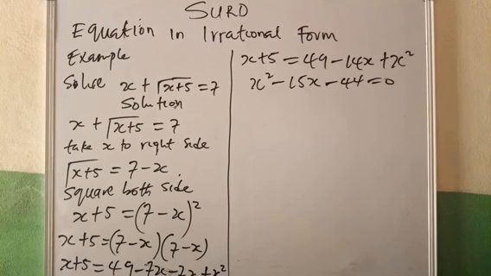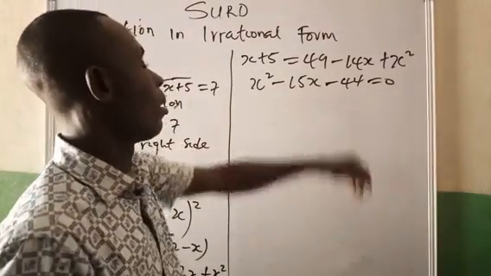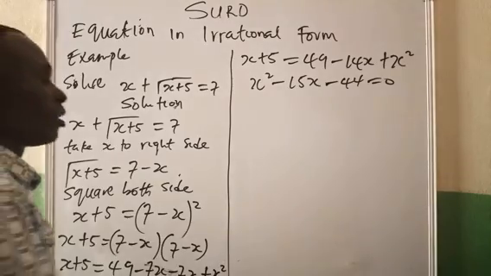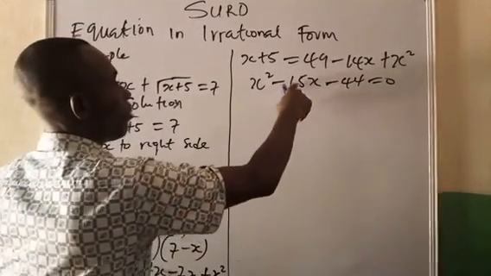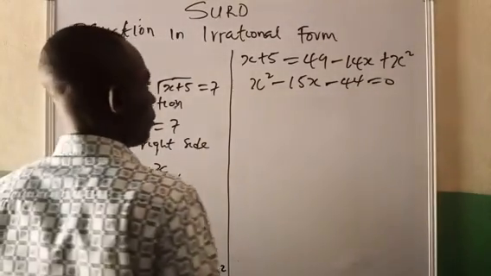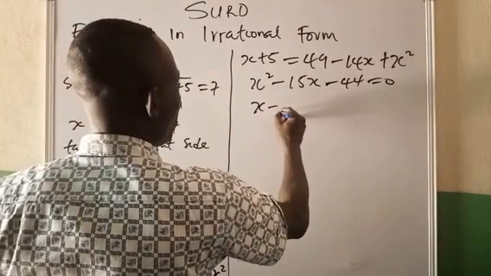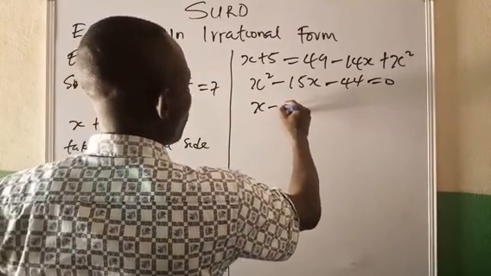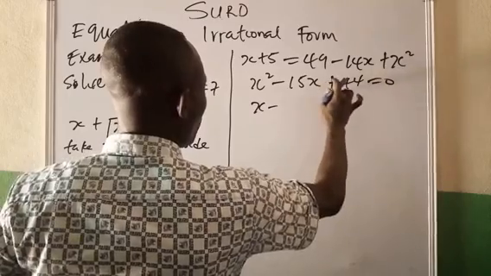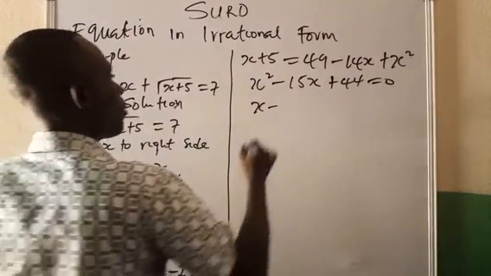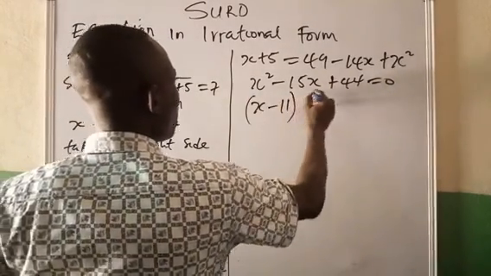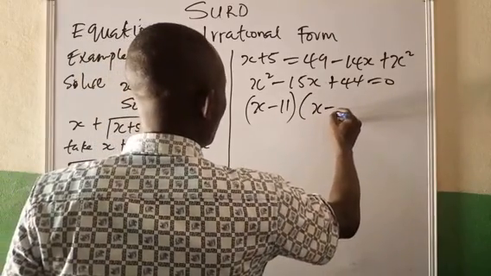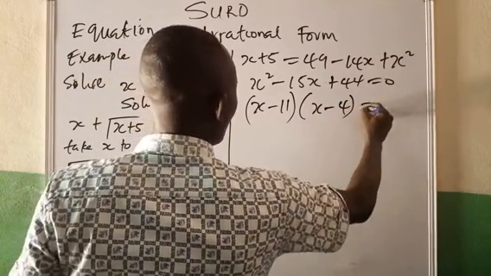So the next step is to factorize the equation. Two numbers will multiply to have minus 44, and when we add them together, it must give us minus 15. So we have (s minus 11)(s minus 4) equals 0.